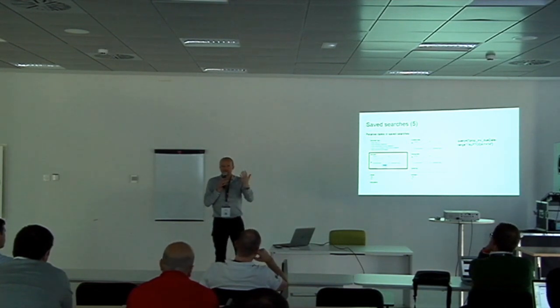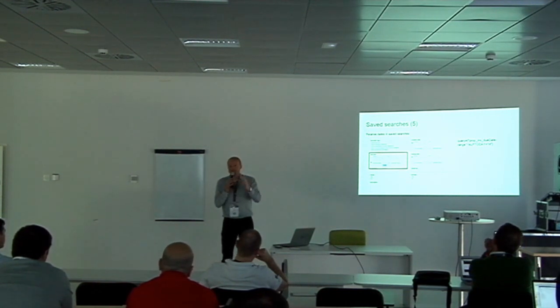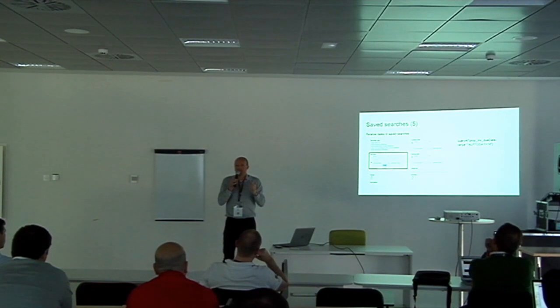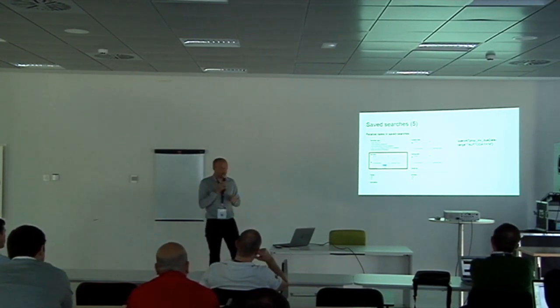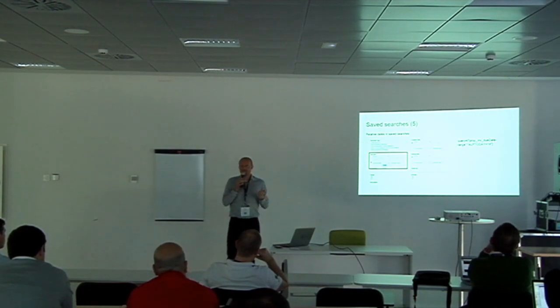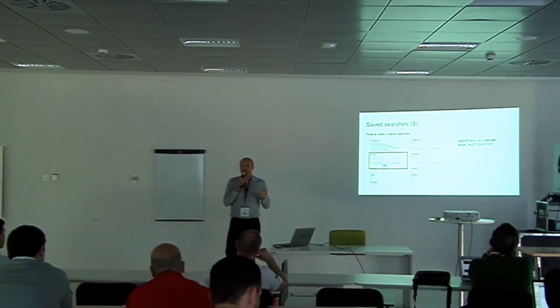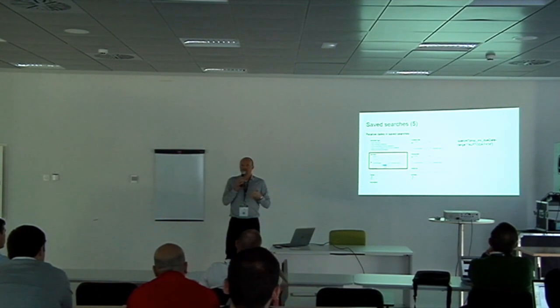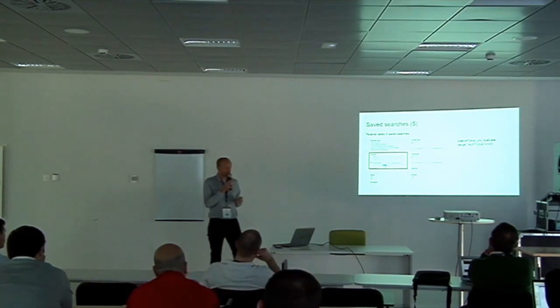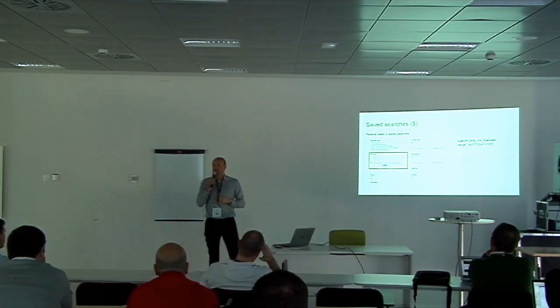When I click the link, it will again see I have a placeholder. I'm going to replace it with the current date of then, so next month, and define a date range based on that. So that way it's actually quite easy to define a search which contains a dynamic date range. And that way you can create a saved search saying, give me all the invoices due next month.